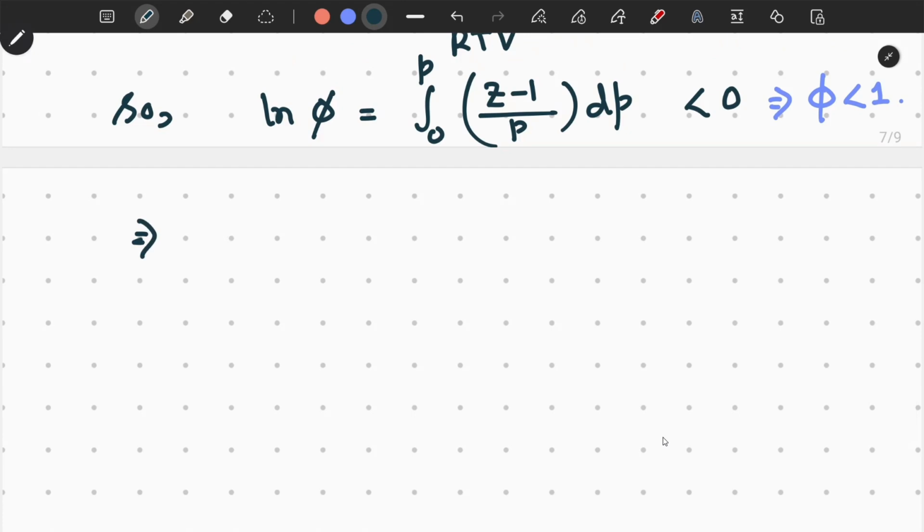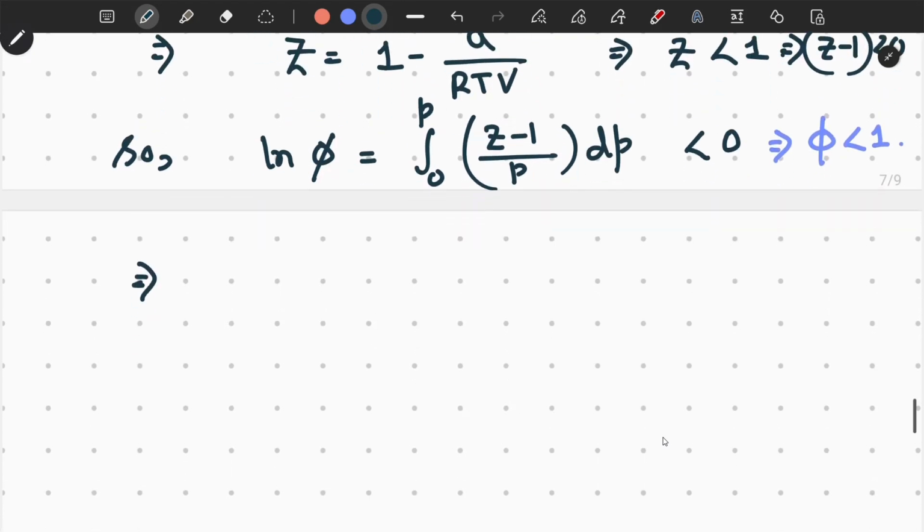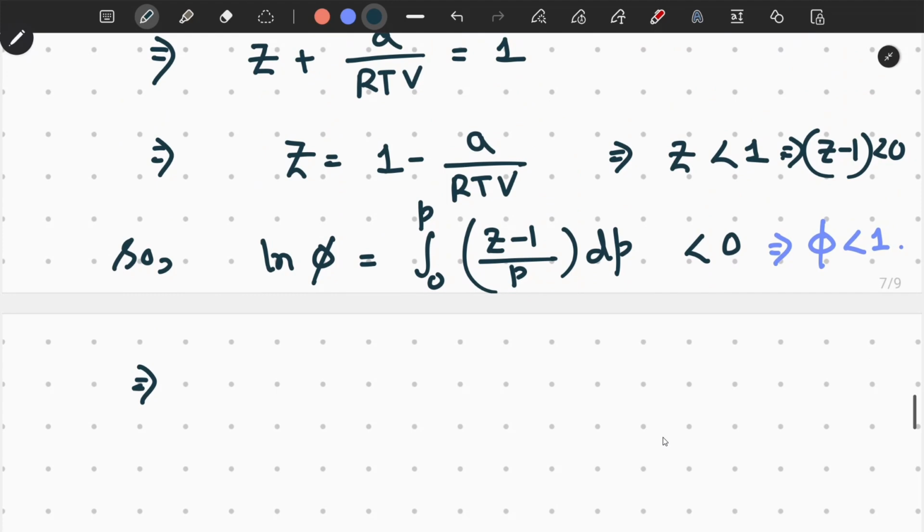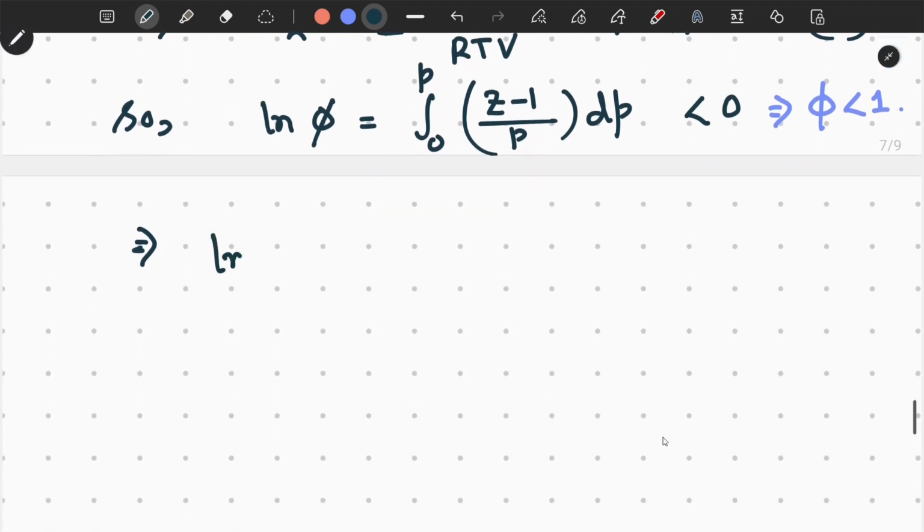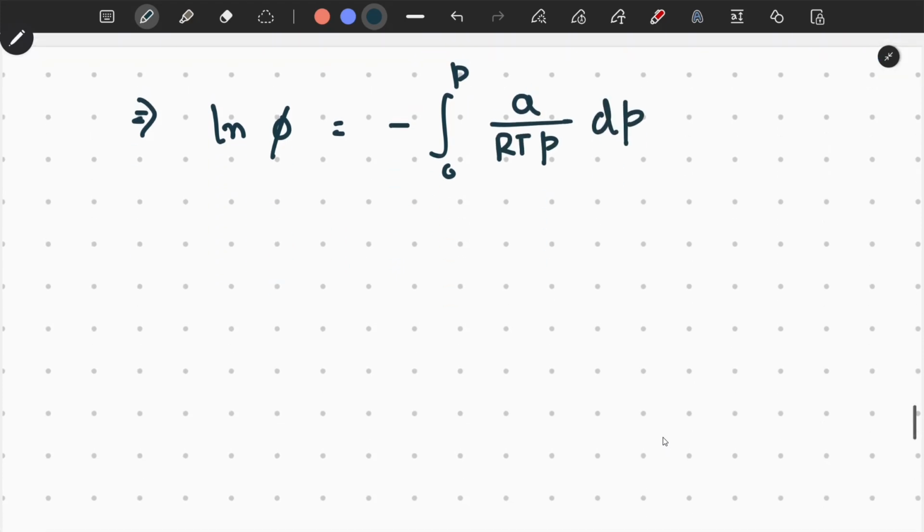Z minus 1 is minus A by RT P. Minus A by RT ln P, considering A is independent of pressure.